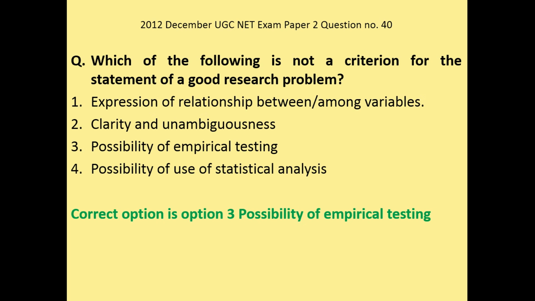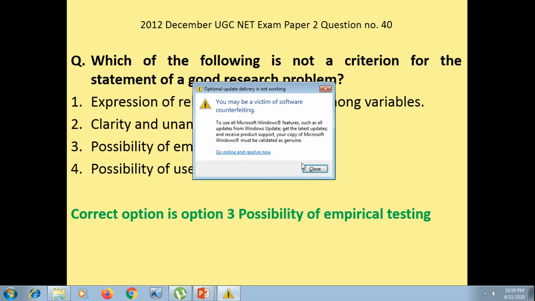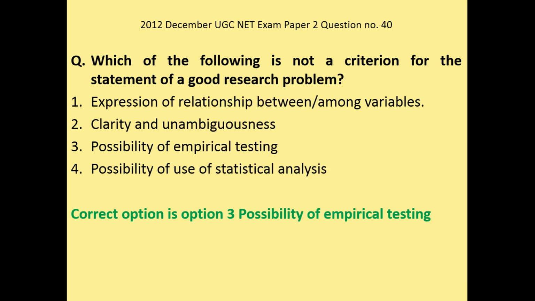You can do one thing: bring out the statements which denote the criteria of a good research problem. Expression of relationship between and among variables is of course one of the criteria of a good research problem.